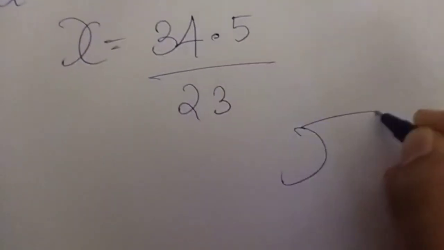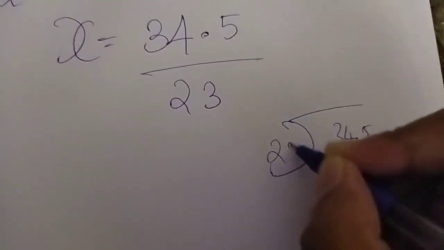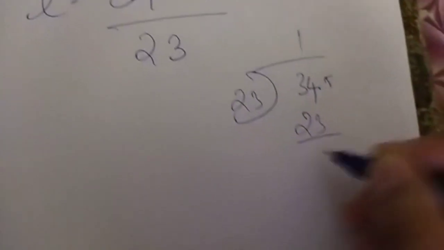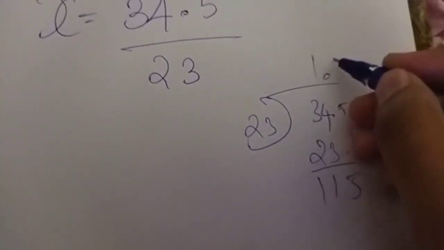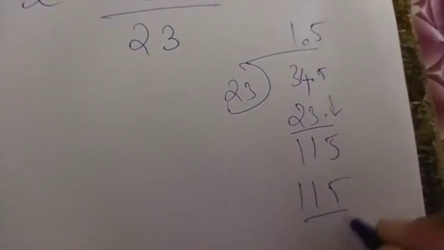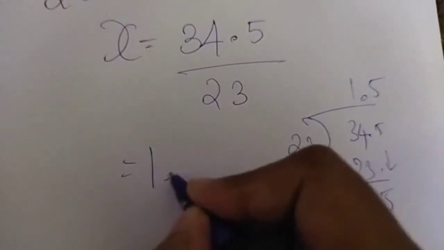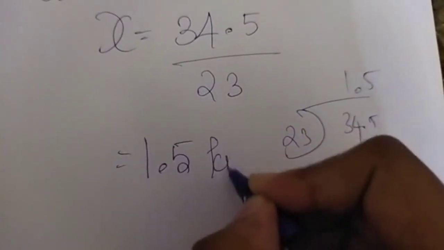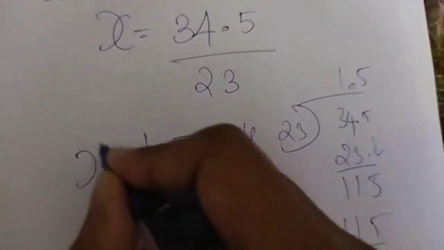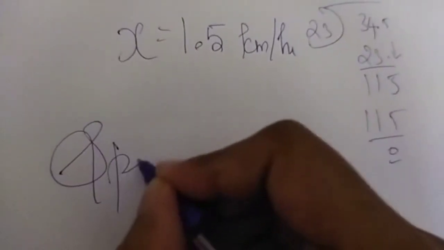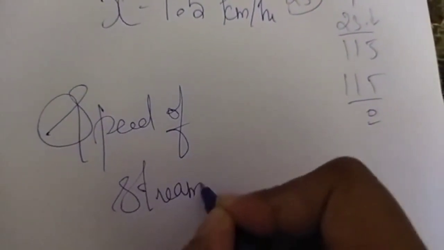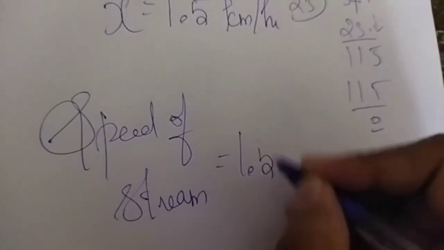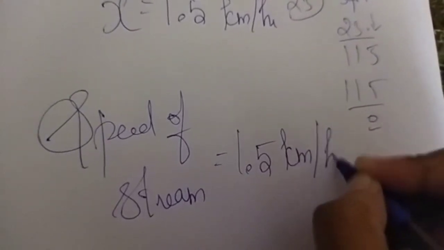One time 23, we get 11.5. 5 times, we get 1150. So we get 1.5 kilometer per hour. x is nothing but the speed of stream. So the speed of stream is equal to 1.5 kilometer per hour, which is the required answer.